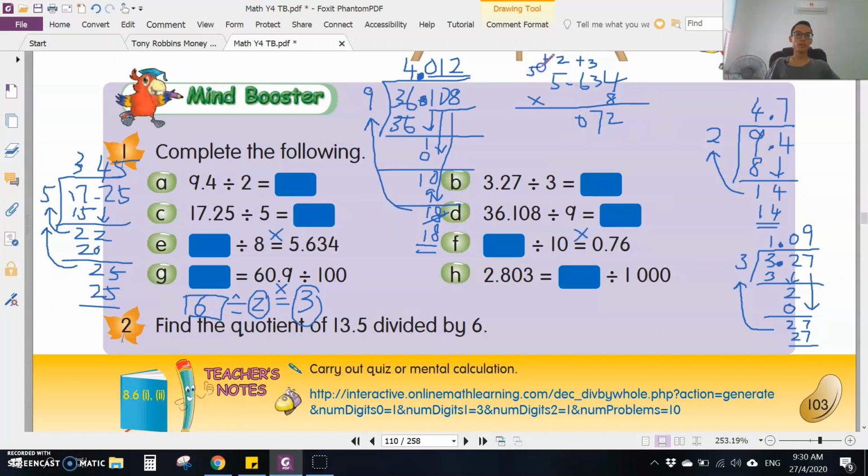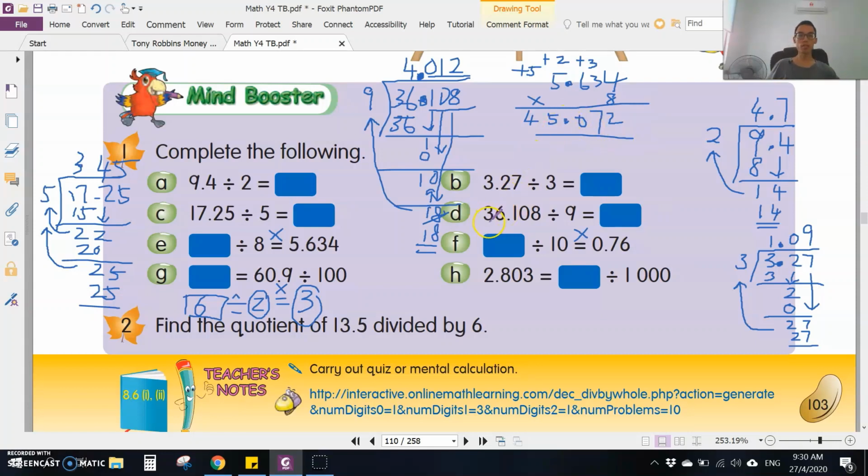Write your 0 here. 8 times 5, 40. 40 plus 5, 45. This is 3 decimal places. That means 3 numbers, then only you dot. So 5.634 times 8, you get 45.072.